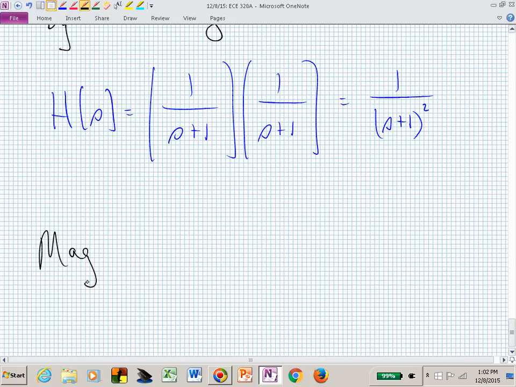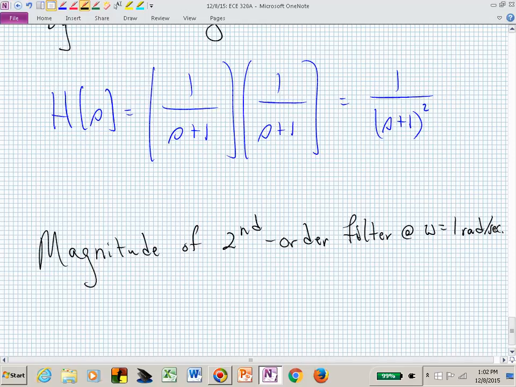Aren't we just putting the same thing on top of each other? Not quite. So that's what we're trying to show. What is the magnitude of the second order filter at 1 radian per second?